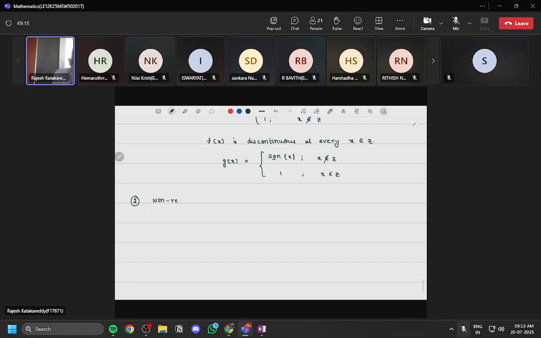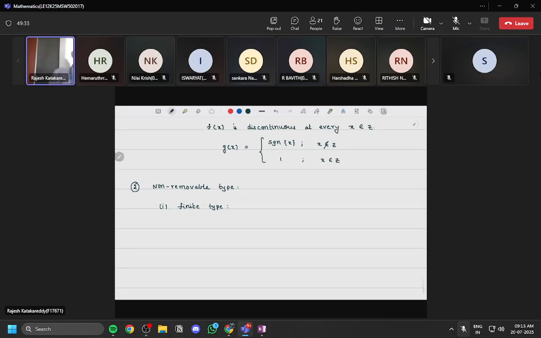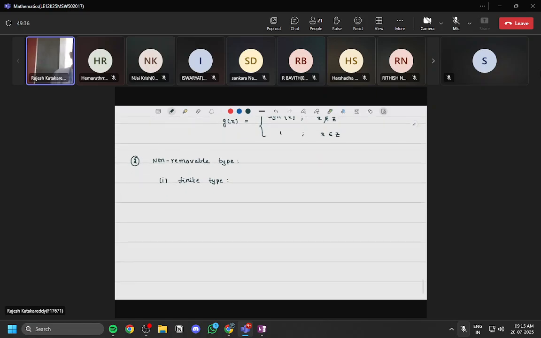Non-removable type. So in non-removable type, first is the finite type. It can be any two finite values, not only -1 and +1.